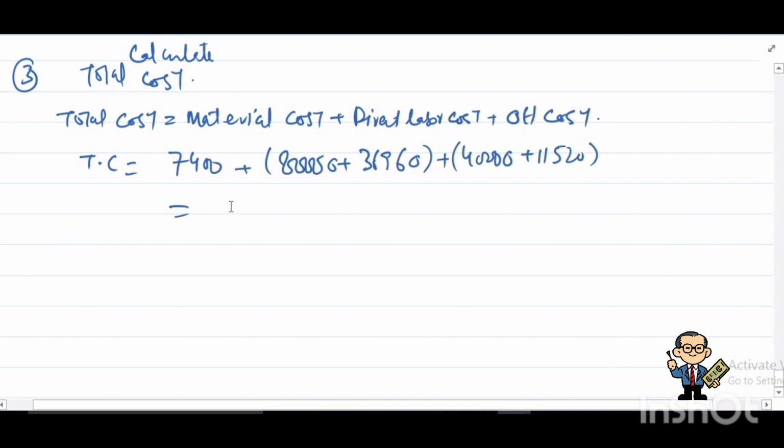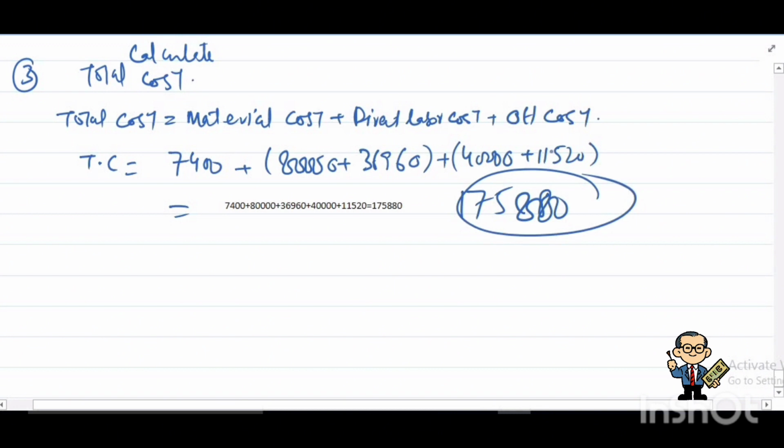Now we just have to calculate all these. 74 plus 80 plus 36,960 plus 40 plus 1120. Here the figure will be 175,880. This is the figure, and these figures we have taken.